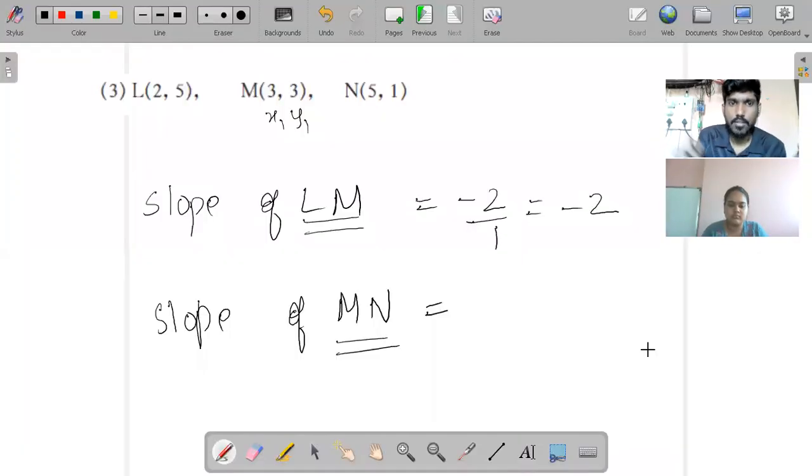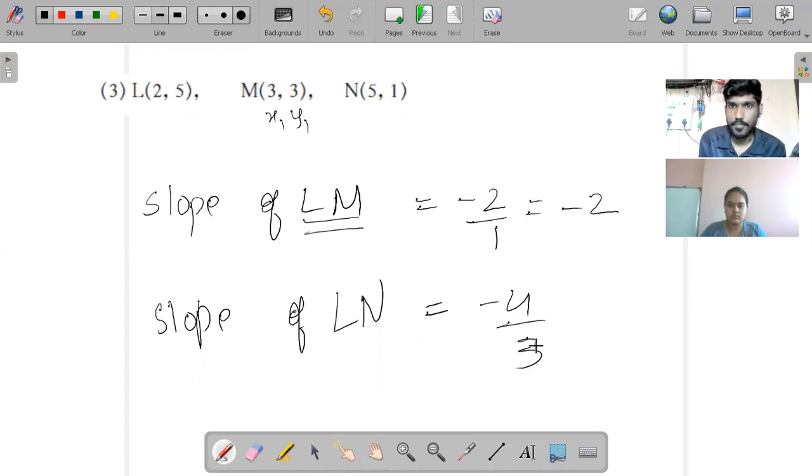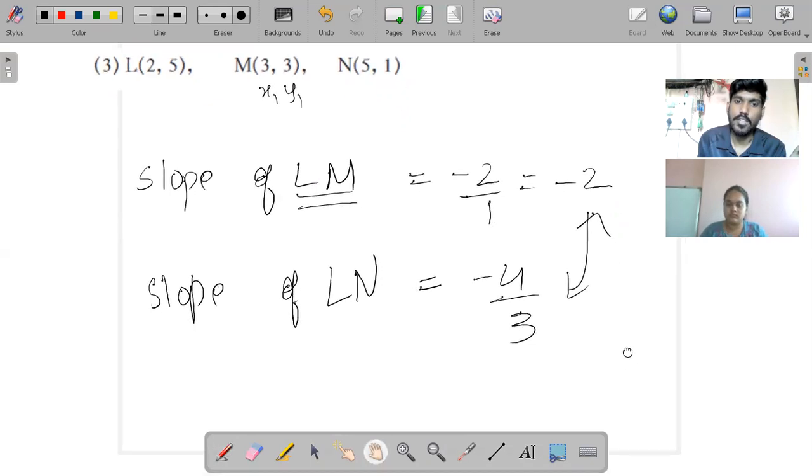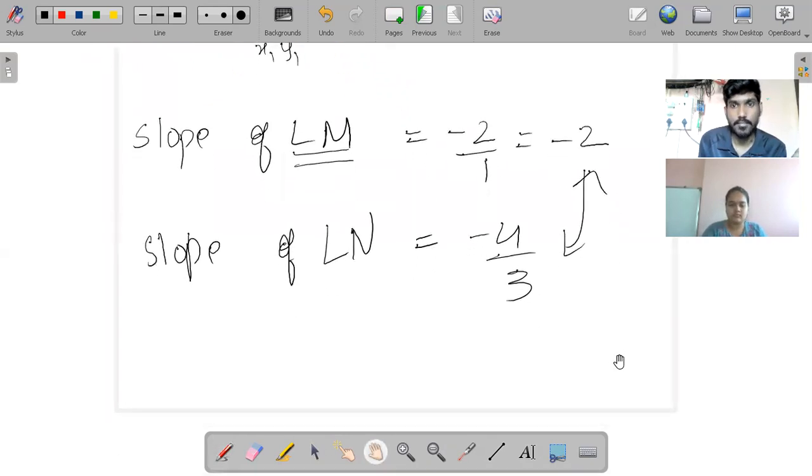So what can you conclude? Is it collinear or not? You found the slope of LM, and for MN you got -4 upon 3, correct? So they are not the same. So is it collinear or not collinear? Not collinear.